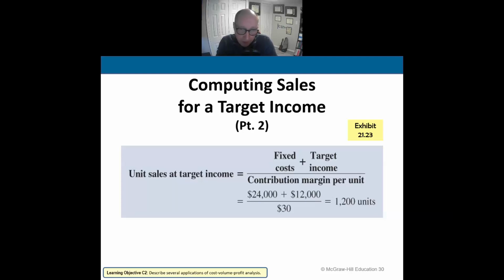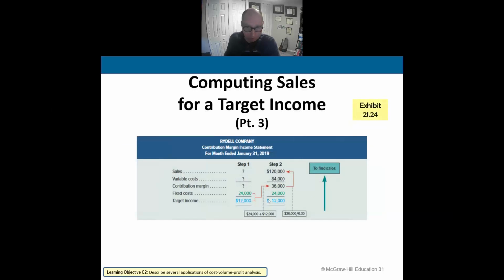We take fixed cost, 24,000, plus target income, 12,000, divided by contribution margin per unit of $30, equals 1,200 units I need to sell in order to attain the target net income of $12,000. Remember, the target income is your goal. That's how much net income you want to have at the end of the month.